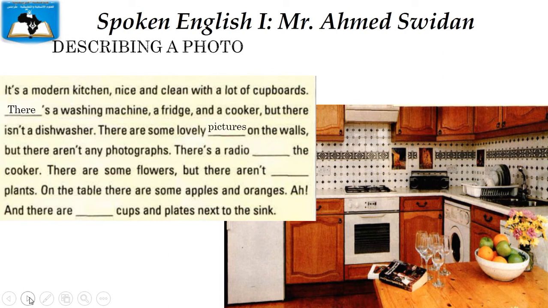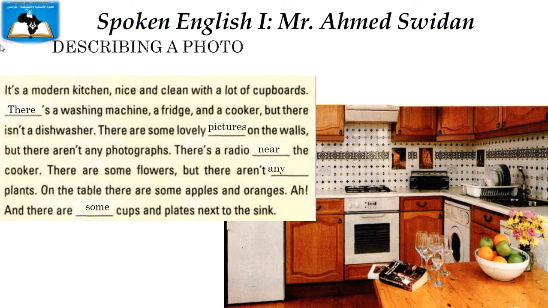There's a radio near the cooker. There are some flowers, but there aren't any plants. On the table, there are some apples and oranges. And there are some cups and plates next to the sink.